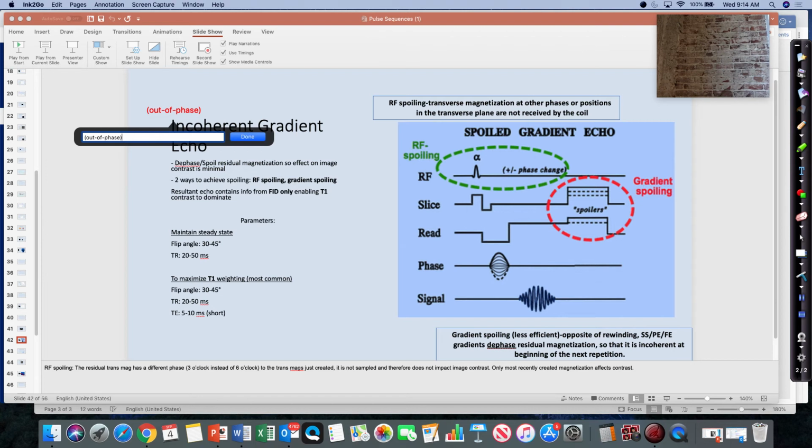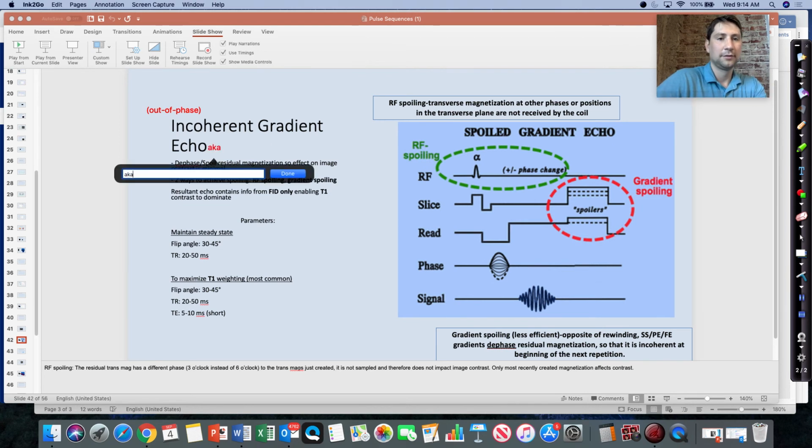We're not going to rewind the signal. We're going to actually dephase it even more by what we call our gradient spoiling. So a lot of times this incoherent gradient echo is also called a spoiled gradient echo.